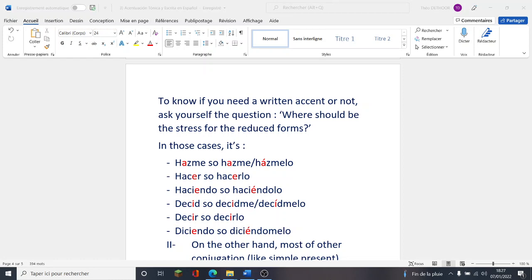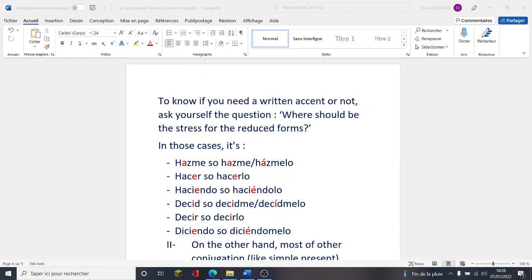The raw form of hazmelo is basically hazme. And in this case, hazme, you can see that it's ending with an E, so the rules say that you need to stress the vowel from the last but one syllable, so the A in this case.